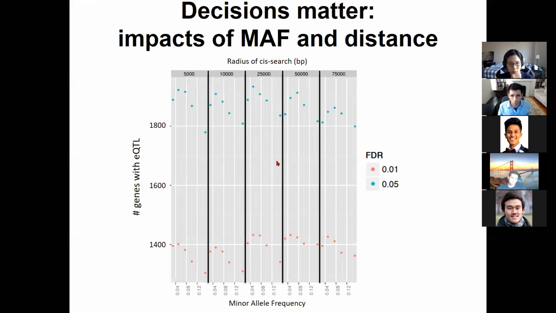That's, well, one type of influence. The other influence is, what is the radius that I'm searching? If I search only 5,000 KB, then I have a certain power. If I search more, it increases. And then if I search a very large radius of 75,000 nucleotides, then you can see how my power is actually decreasing dramatically.